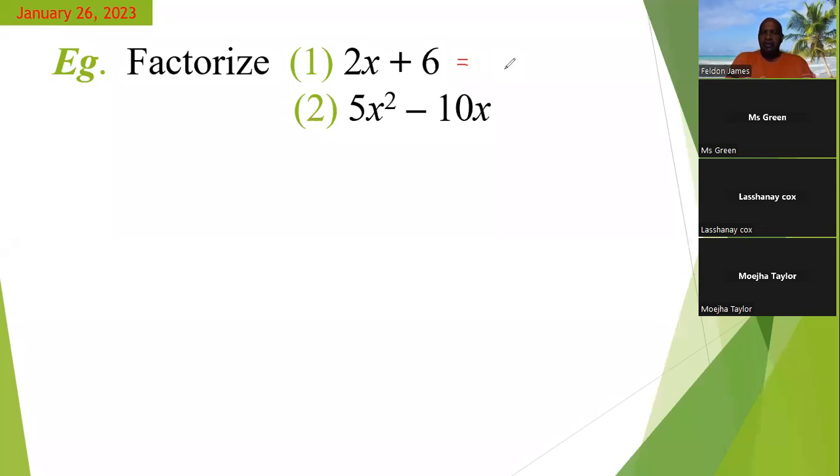Which number can divide 2x and 6? 2, sir. Right. So your 2 here would be a common factor because it can divide 2x and it can divide 6. Now, is that the highest number that can divide 2x and 6? Yes, sir. Right. So in that case, 2 here is our highest common factor.